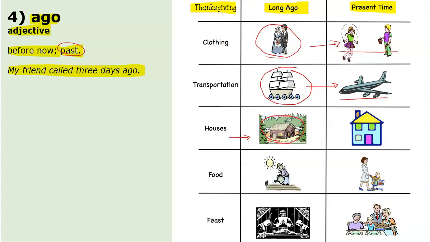Or long ago, people used to farm when they want to get food, but today we can just go to the market and we can buy the food. So that is ago, something that happened in the past. And ago is usually used together with long, or some other number in front of it, like 3 days ago or long ago.